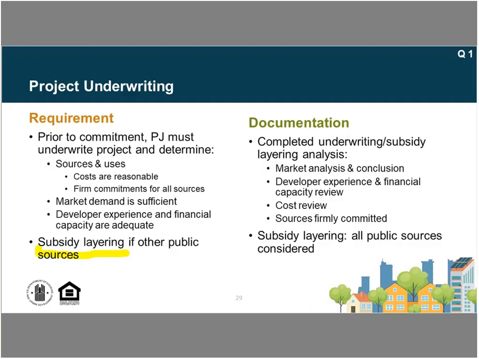In other words, you can't just put blinders on and assume that you've determined that your funds are okay in there, but not pay attention to other public funds that are being invested in the project, whether they're coming from your jurisdiction or not. You need to look at all public financing together.